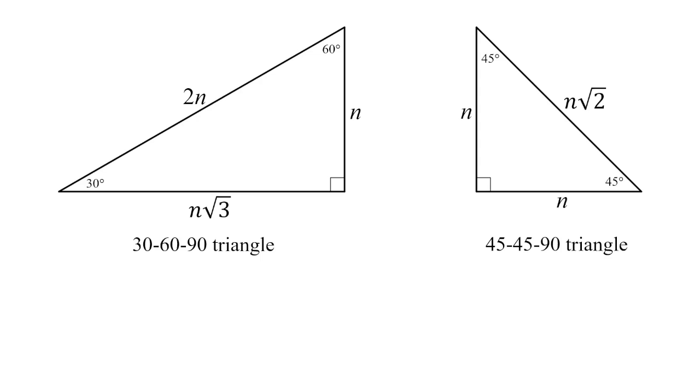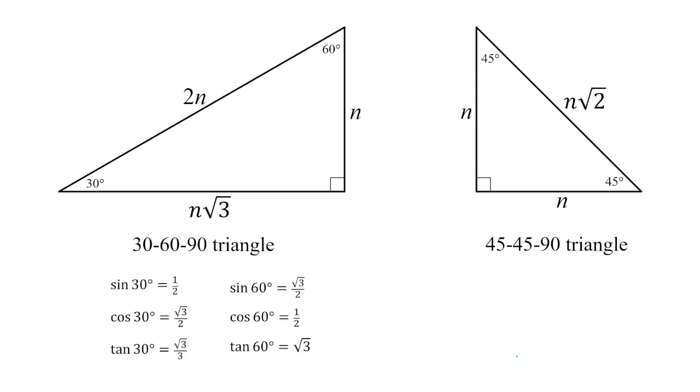From the 30, 60, 90 triangle is where we find the values of the sine, cosine, and tangent of 30 degrees and 60 degrees. The other special right triangle is the 45, 45, 90 triangle, where we find the exact values of the sine, cosine, and tangent of 45.